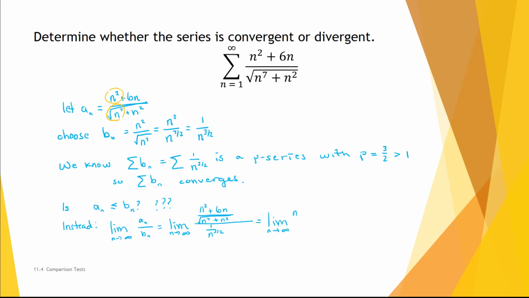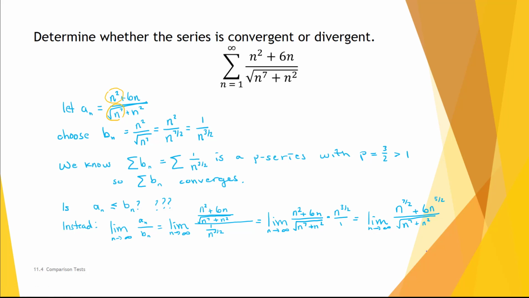In other words, we have n squared plus 6n divided by the square root of n to the 7th plus n squared, multiplied by n to the 3/2 divided by 1. I can distribute on the top of this fraction. We get n to the 7/2 plus 6n to the 5/2, all divided by the square root of n to the 7th plus n squared.